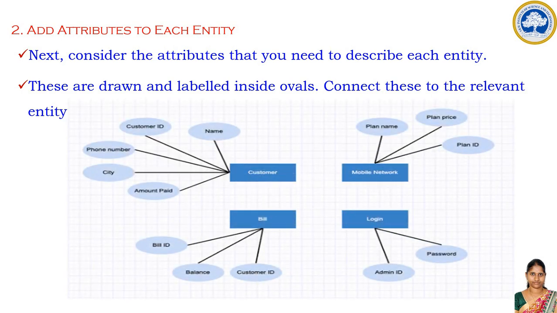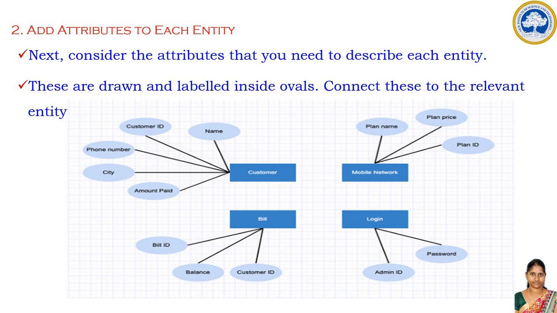For our example, customer, I consider nearly five attributes: customer name, ID, phone number, city and amount paid, etc. Then for the bill: billing ID, balance, that is the amount, and then customer ID because we need to relate it with the customer. Then mobile network, similarly: plan name, price and plan ID. And for the login, obviously the username and then password. Like that we need to decide our attributes.